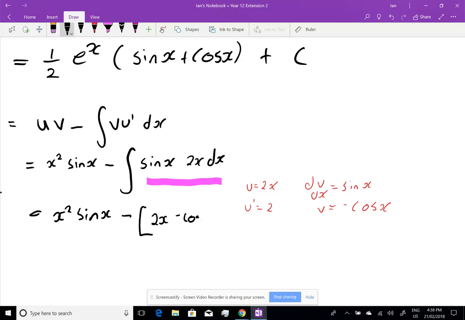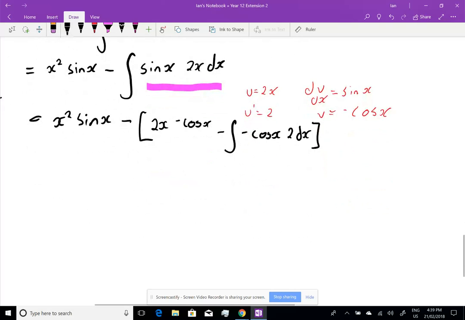Negative cos x minus the integral of vu dash, negative cos x, and u dash is 2 dx. Keep it all in parentheses.